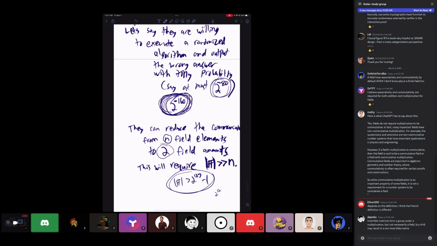This is a petabyte of data, 2 to the 50. 2 to the 60 is like an exabyte. So 2 to the 127 is just an insane amount. That's more data probably than exists in the entire universe. A field of size 2 to the 127 is more than big enough to satisfy this requirement.